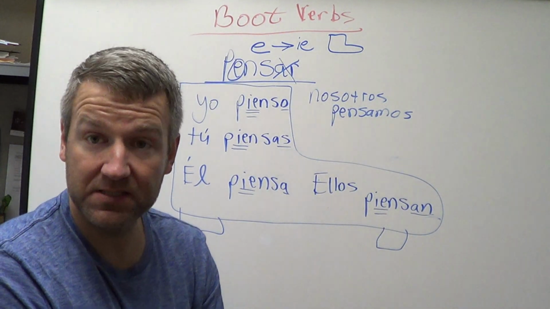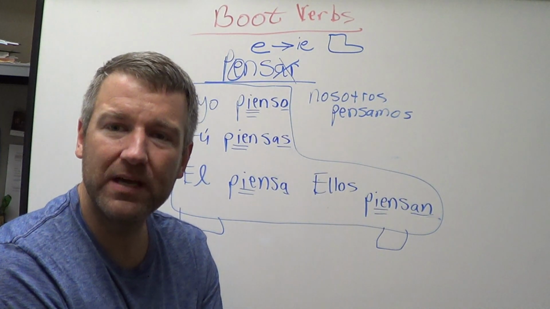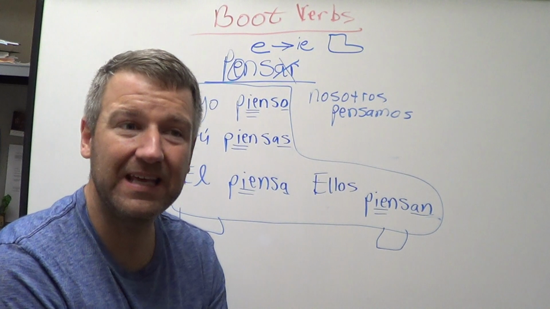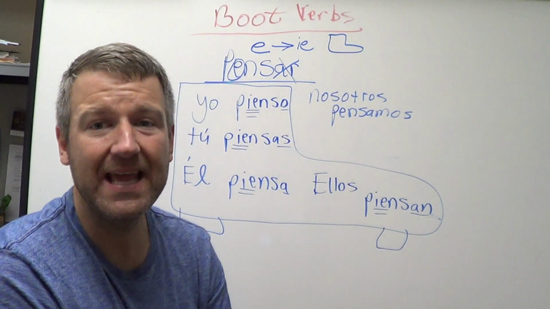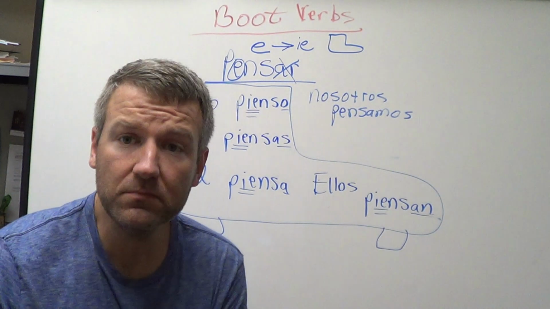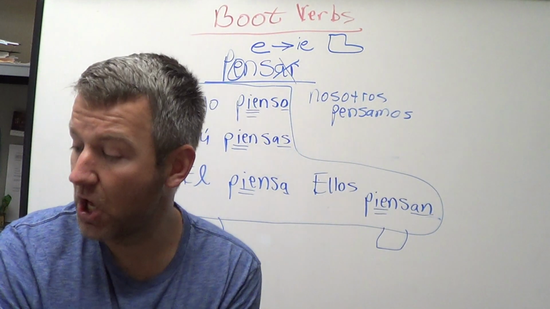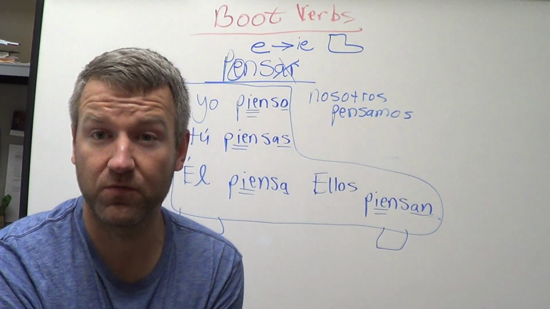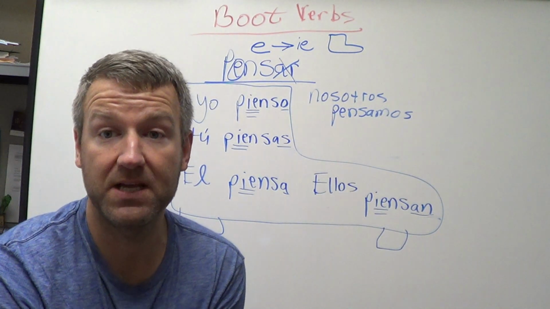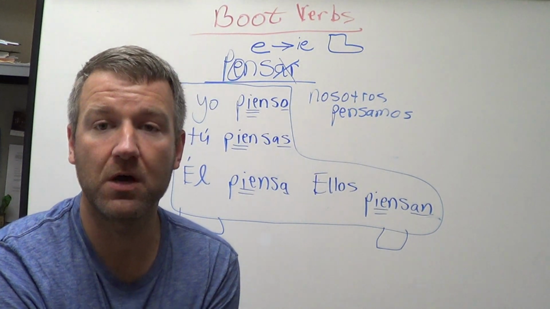Now let me tell you something. I know some of you are probably thinking, Mr. Lee, how am I going to know if a verb goes from an E to an IE or whatever other change may happen? Well, you have to take notice of the verbs that are listed on page 146, for example, because that is the page that has the boot verbs or the stem-changing verbs on it.